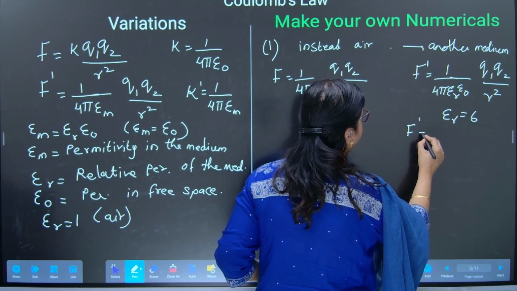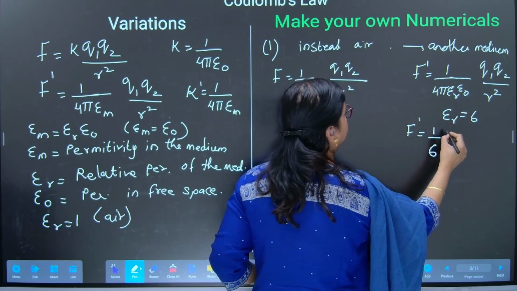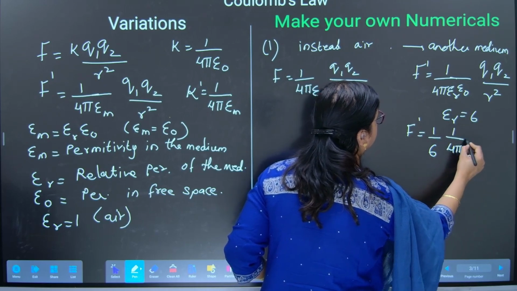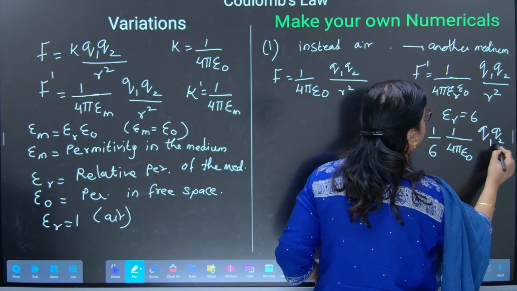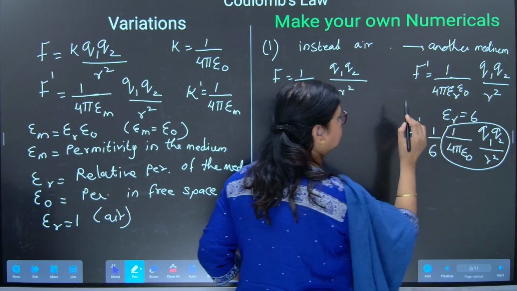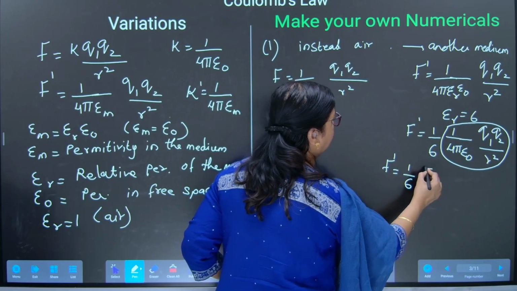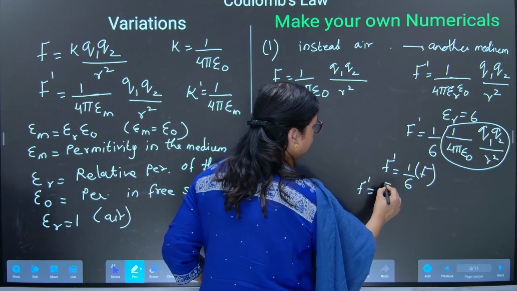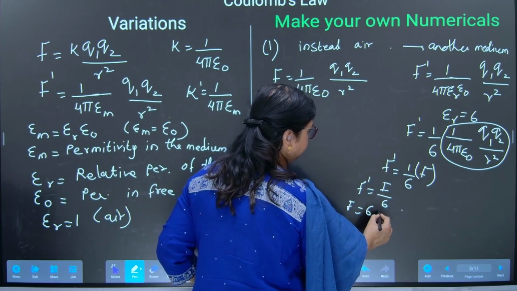F dash is equal to 1 upon 6, because epsilon r is 6, into 1 upon 4 pi epsilon naught, I have taken the value out, Q1 Q2 upon r square. This portion is F. So I can write F dash is equal to 1 upon 6 F. So what is my answer? F dash is equal to F upon 6, or F is equal to 6 F dash.